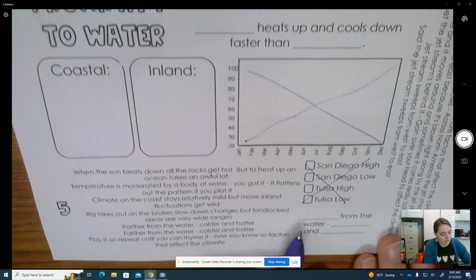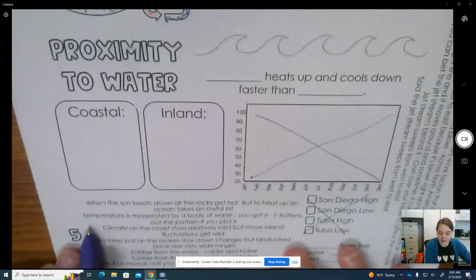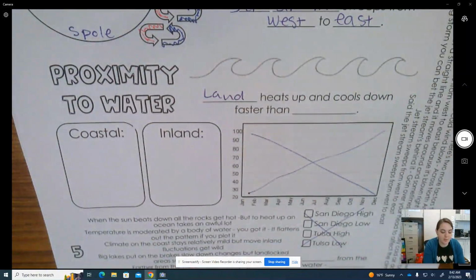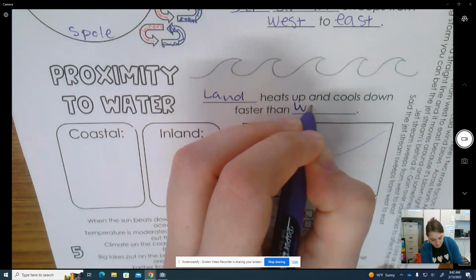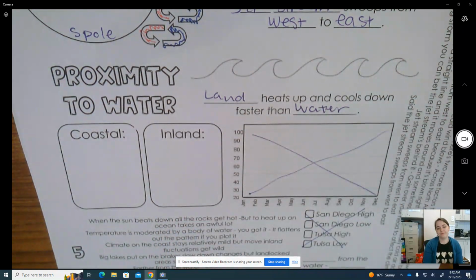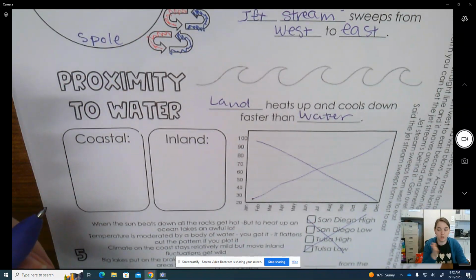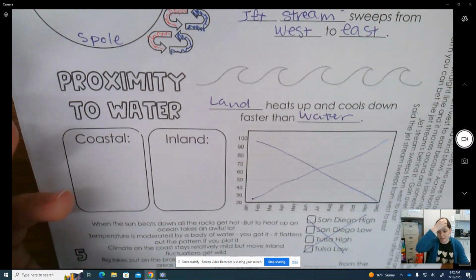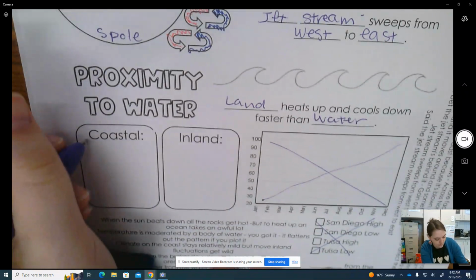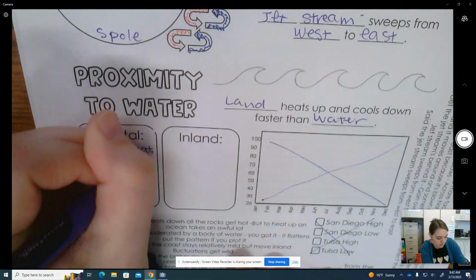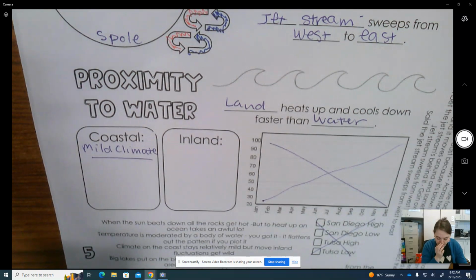So what this is saying is that land heats up and cools down faster than water. So in a coastal region, so this is like close to an ocean or a big body of water, coastal, mild climate. This is mild climate.